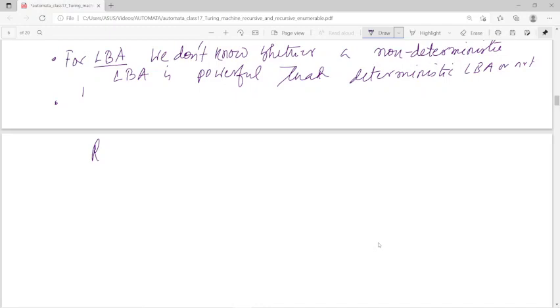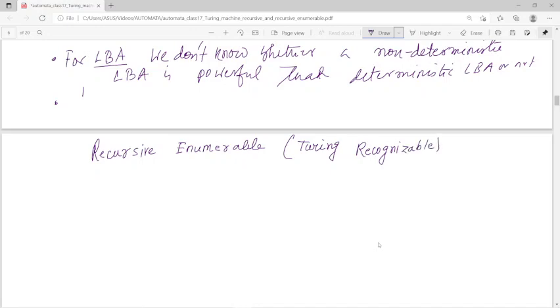The recursively enumerable language is the same as Turing recognizable.